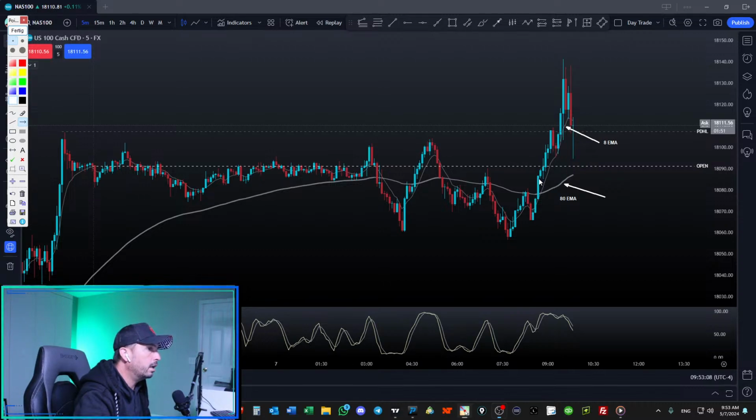So we need a 1, 2, 3 buying signal, which consists of this.